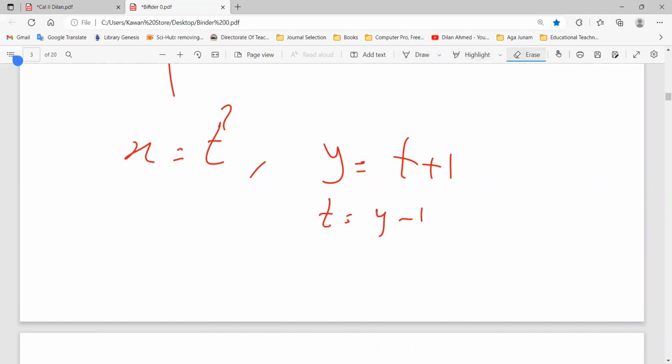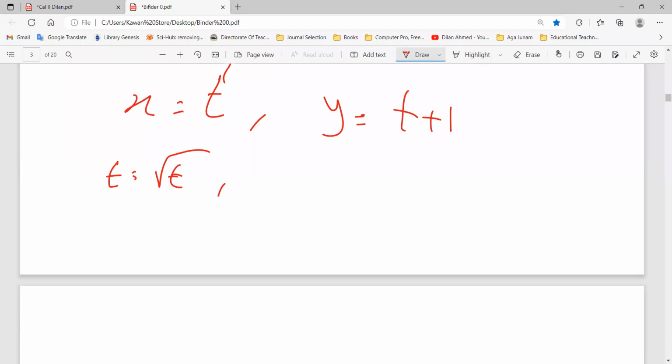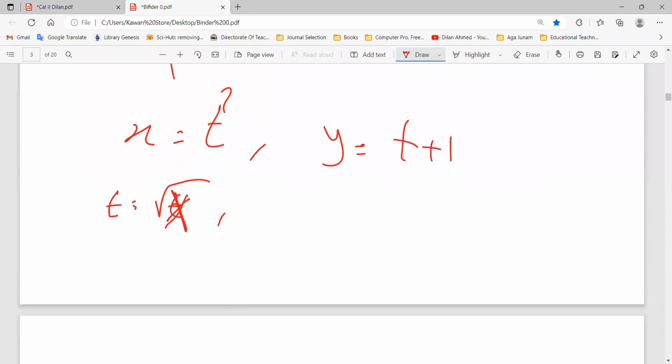Let me use another, easier one. From the first equation, I will get x equal to t squared, so t is the square root of x.